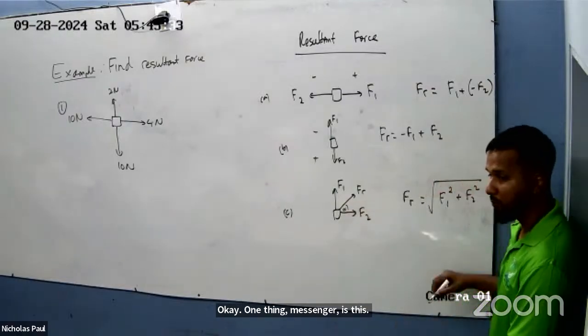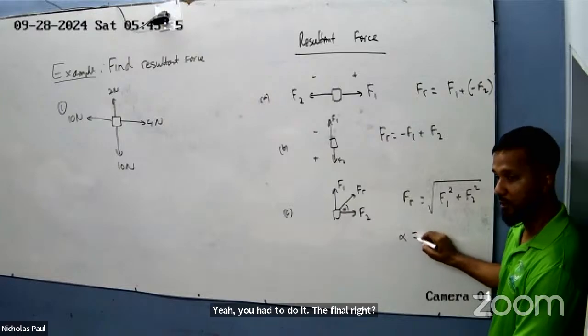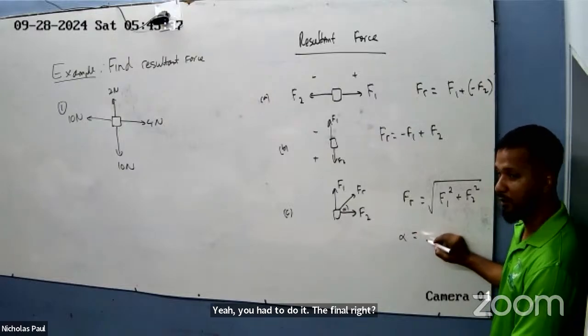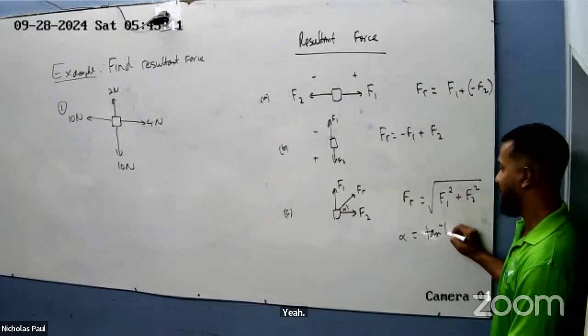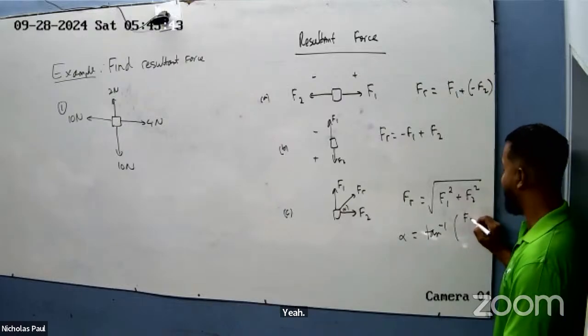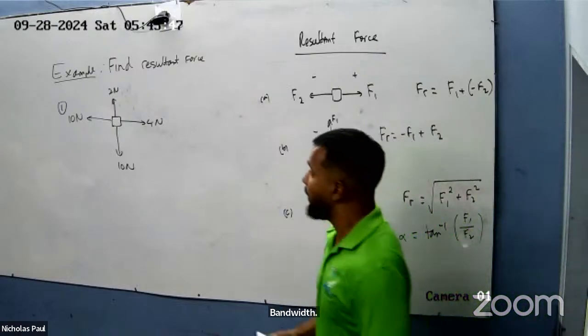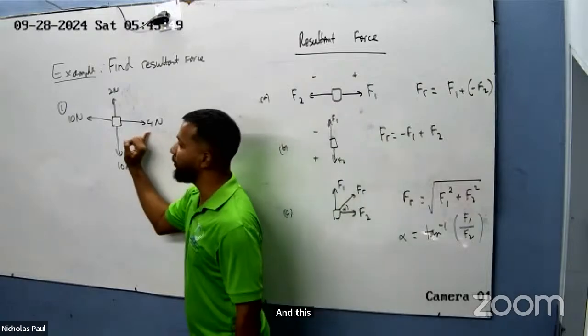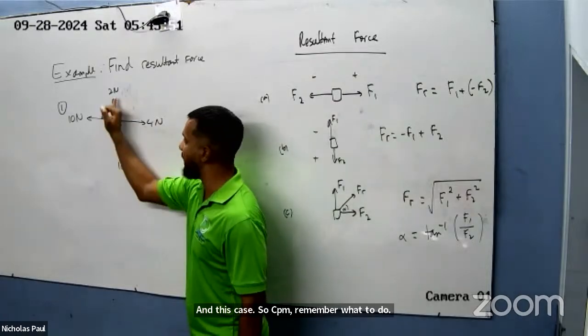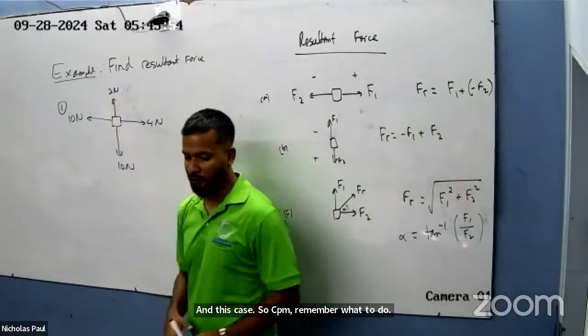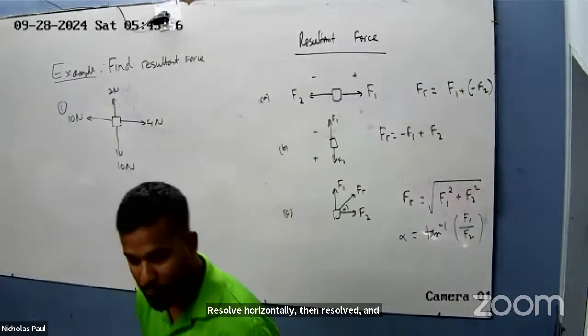What is alpha? Tan inverse F1 over F2, in this case. So see if you remember what to do. Resolve horizontally, then resolve vertically, and then find the resultant. Try that.